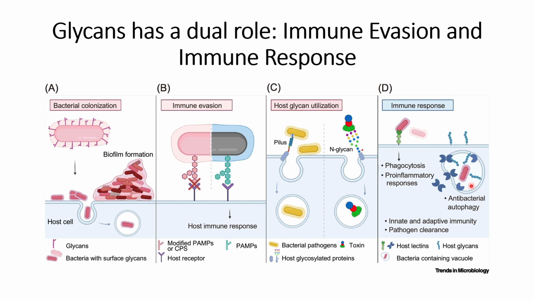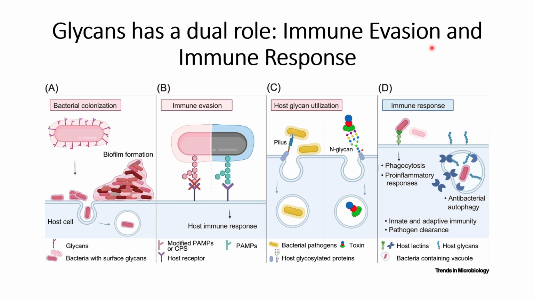It will generate the antibacterial autophagy. That is, it will try to kill or clear off this bacteria with these pathogens. And in this case, both the innate and adaptive immunity will be activated.